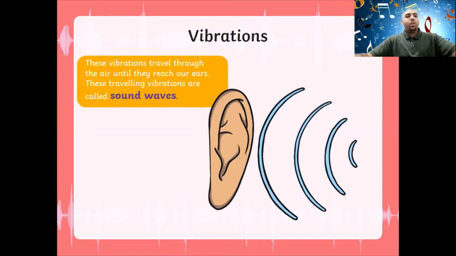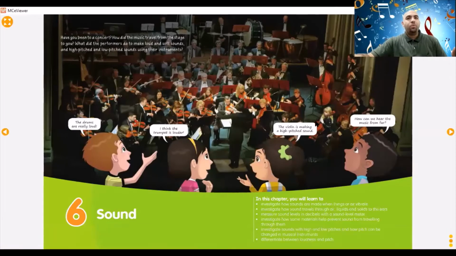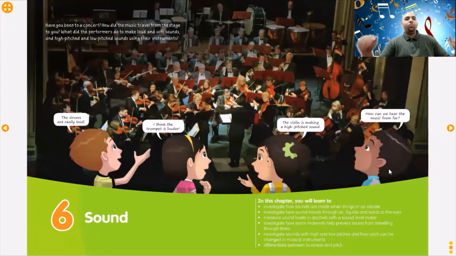So now I would like you to take a look with me at our book. Take a close look at our science pupils book from page 124 until page 129. So we got a concert. In this concert, we have lots of musicians, or people playing music.